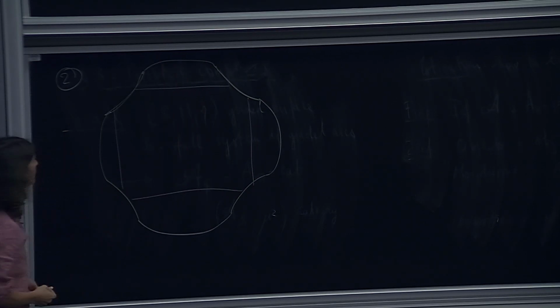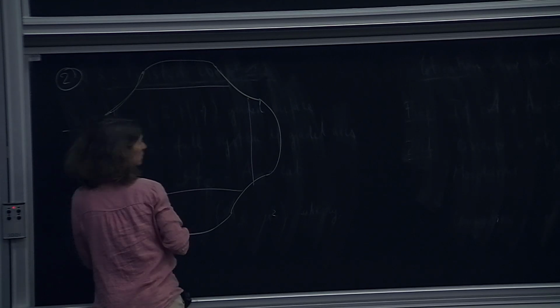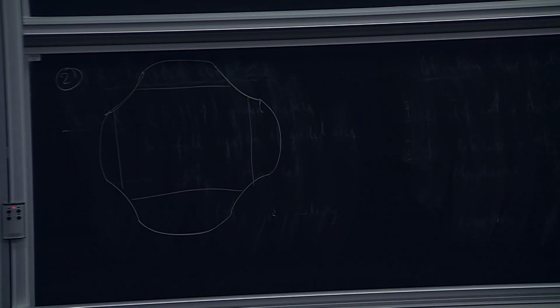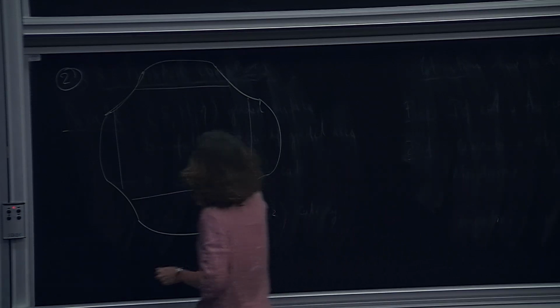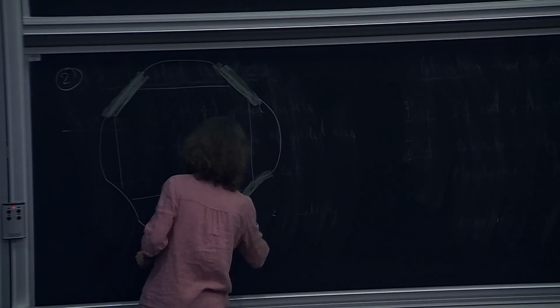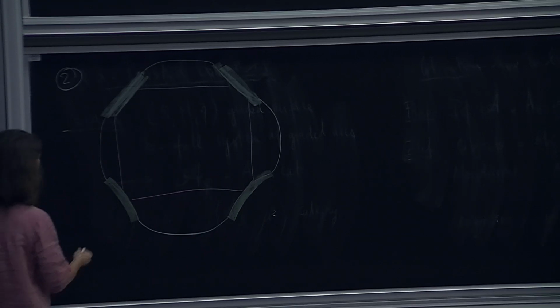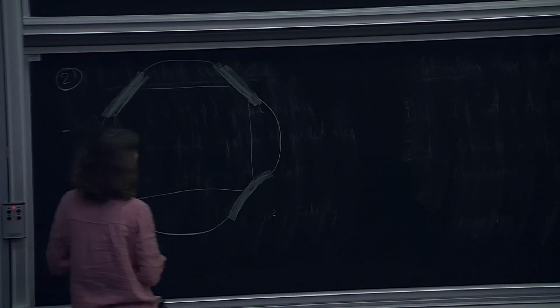Can you see the green? My green is maybe, okay, these are my boundary segments, and these are my arcs.